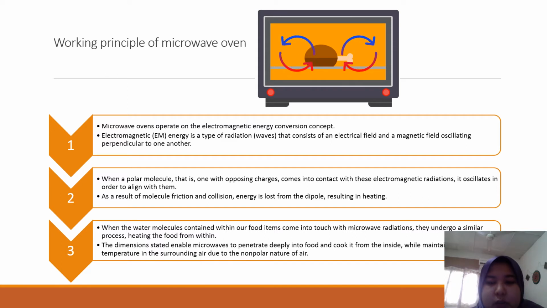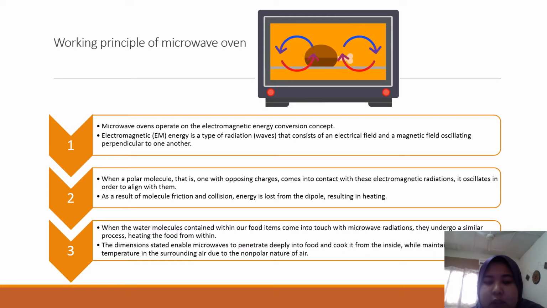When a polar molecule, that is one with opposing charges, comes into contact with these electromagnetic radiations, it oscillates in order to align with them. As a result of molecular friction and collision, energy is lost from the dipole, resulting in heating.